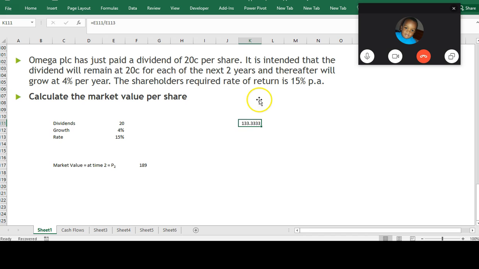If there was no growth, it would be dividend divided by the rate of return, where they are not expecting any dividend growth. You get it?